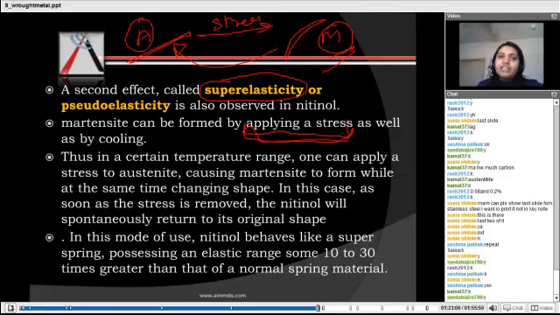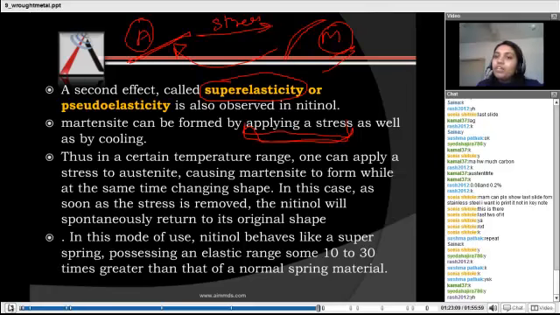We release stress, it will get converted back to austenite and it will become straight again. That's the super elasticity. Normally elasticity is present in most steel and other things, but nitinol has 10 to 30 times more elasticity than a normal springy material. It's very elastic because of its martensite to austenite conversion. Clear?